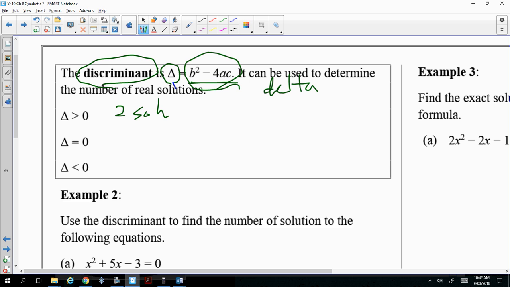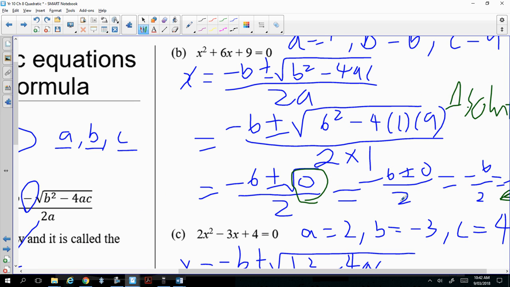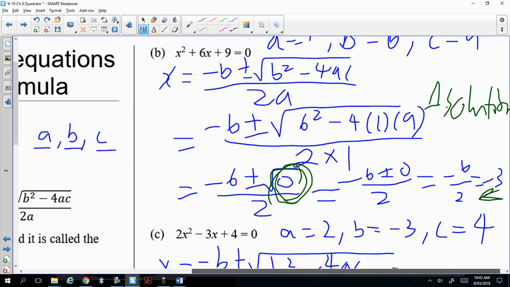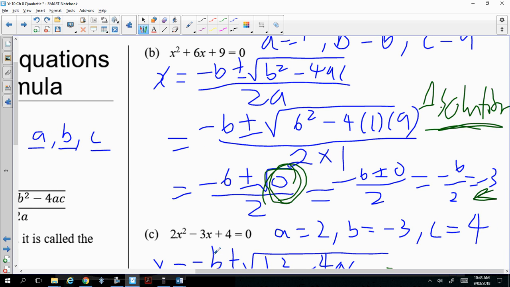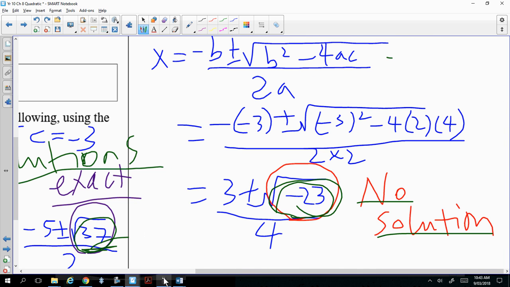And when it is 0, it has got 1 solution. See the one we did before? When that discriminant is 0, we get 1 solution. And when it's positive, we get 2 solutions. And when it is negative, we get no solution.